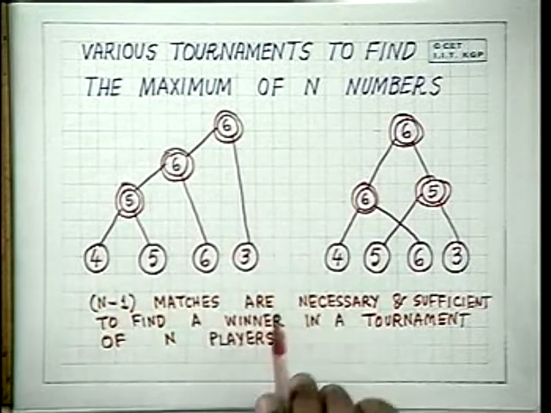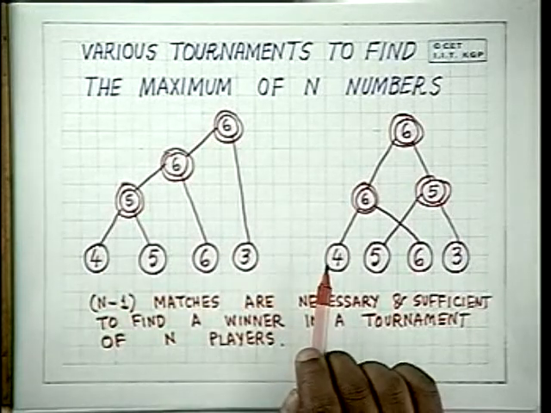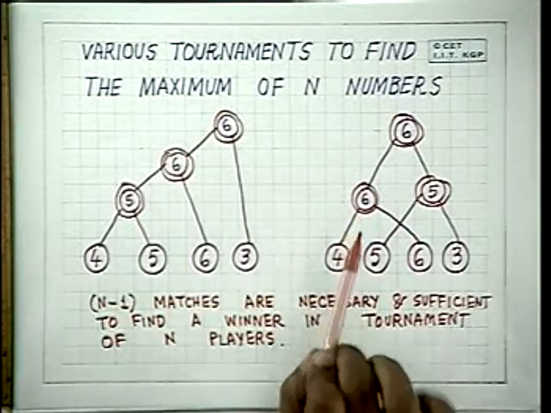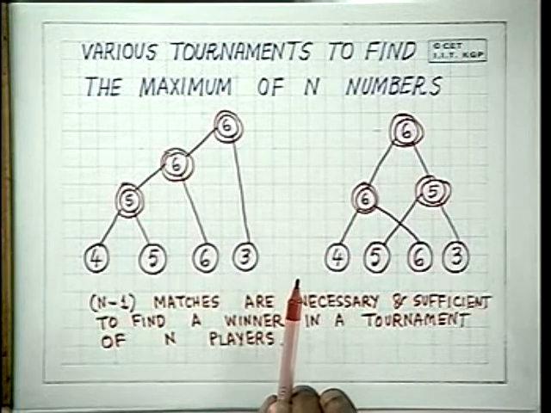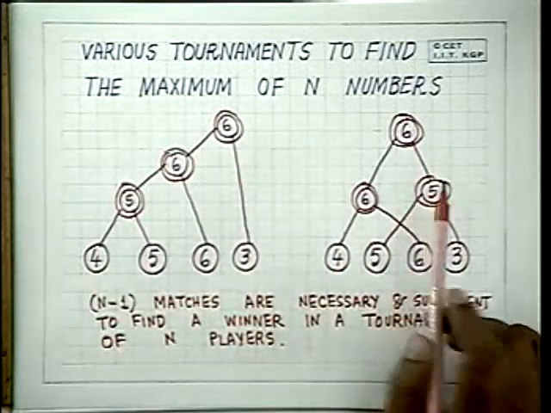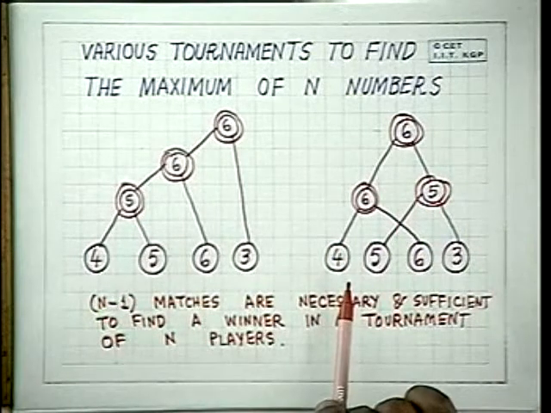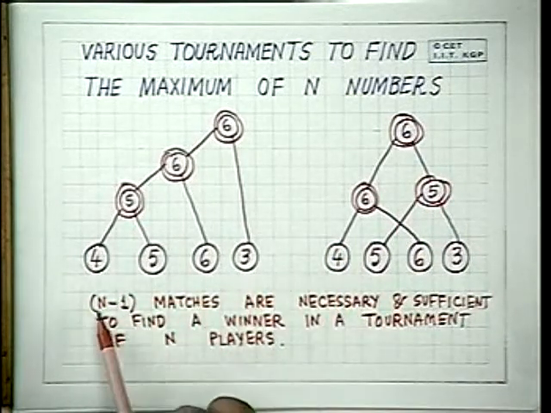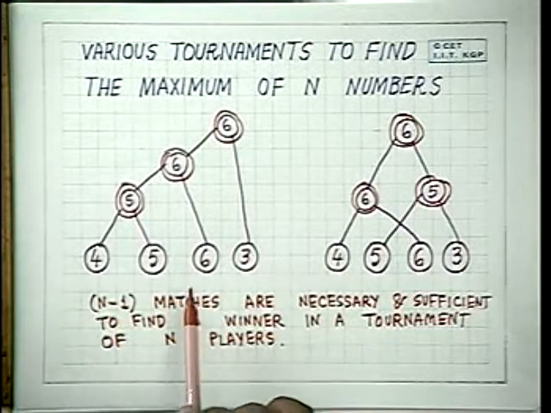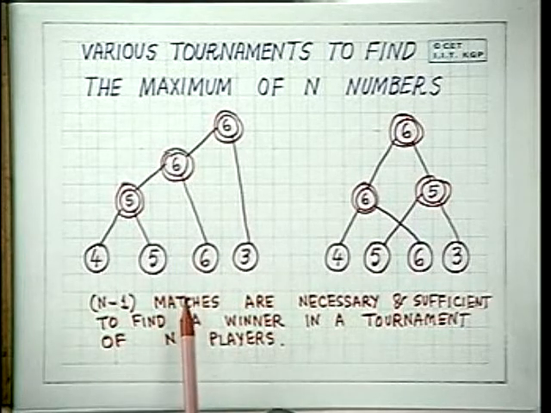So whichever way you set up the tournament, you are going to require n minus 1 comparisons to find the maximum of n numbers. And that is why doing it this way or doing it any other way is equivalent to us. And you can easily prove that if you do not have n minus 1 comparisons, that is you take less than that, there are situations in which you are not going to find the maximum value.